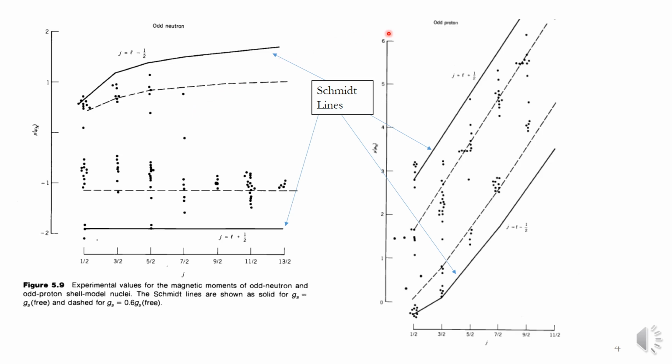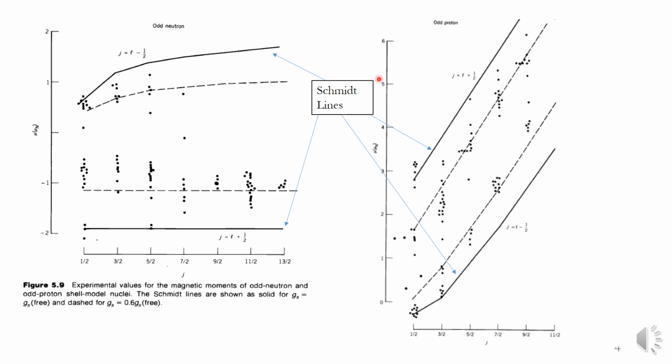These are the predicted magnetic moments. You can see these solid lines, the solid line on the upper part and lower part, correspond to gs itself, means the gs is not modified. This is for free nucleons, free particles, where gs is 2.